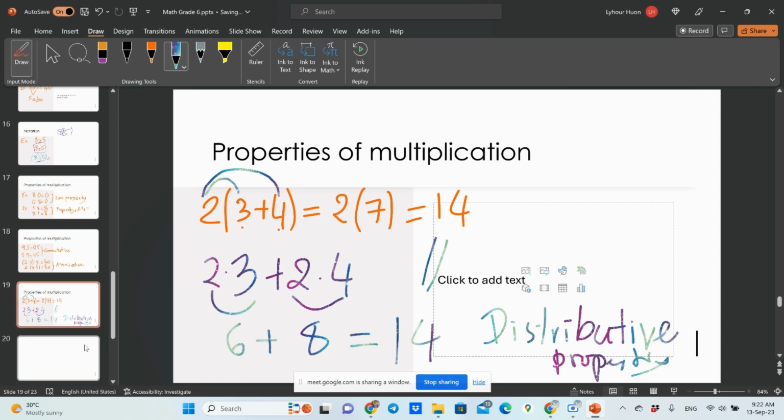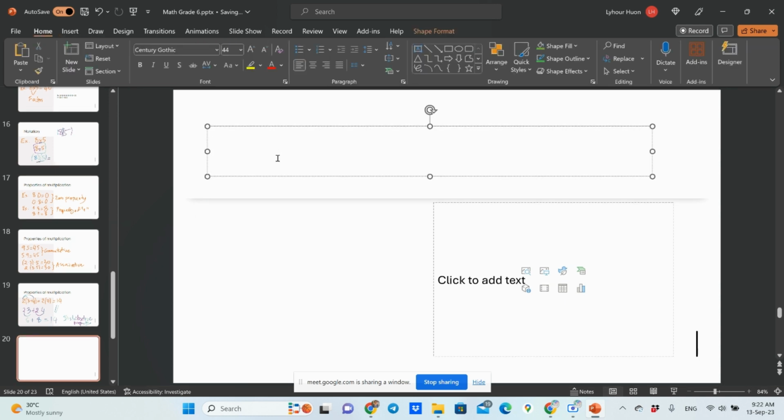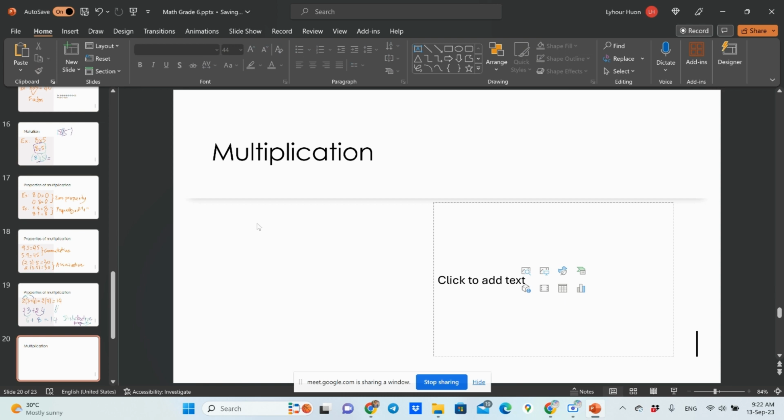Okay, so how can you remember multiplication tables? You need to remember the multiplication tables. For example, multiplying by one will be the same, so we don't need to remember. Multiplying with two, one times two is two, two times two is four, two times three is six.